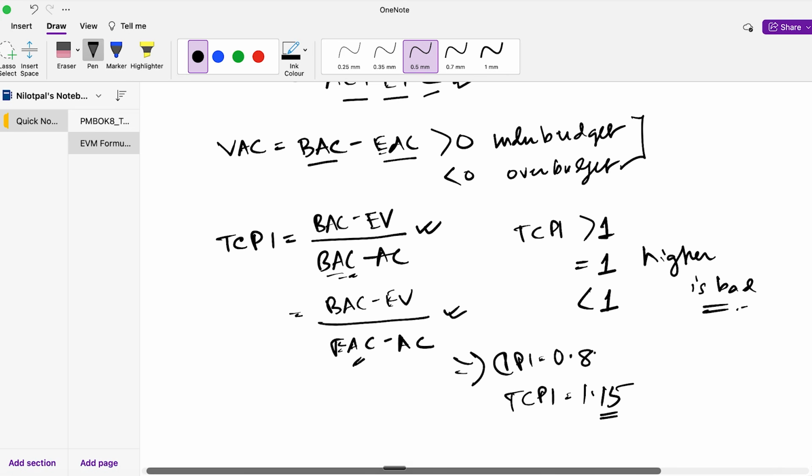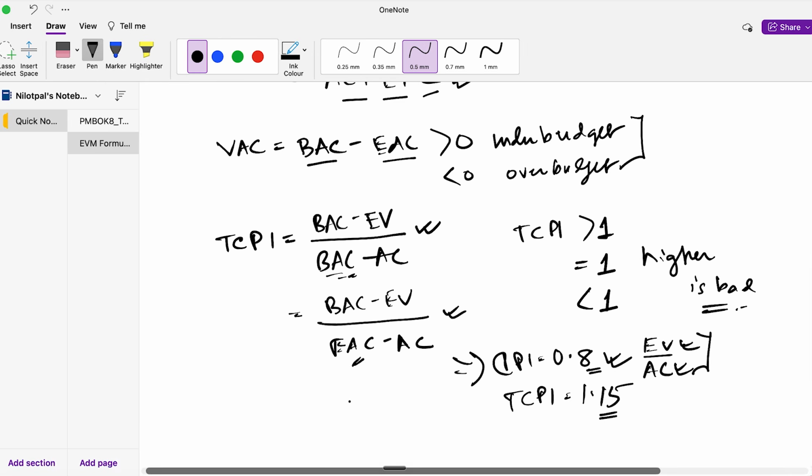However, historically, your cost performance index has been 0.8, right? Since your CPI, which is earned value divided by actual cost, is less than 1, your actual cost is higher than your earned value. Till now in the project, you were spending £1 but earning 80 pence. However, if your TCPI is 1.15, it means that you need to earn 1.15 pounds for every £1 spent.